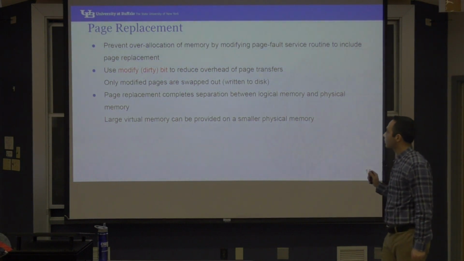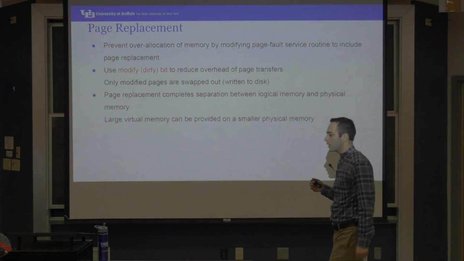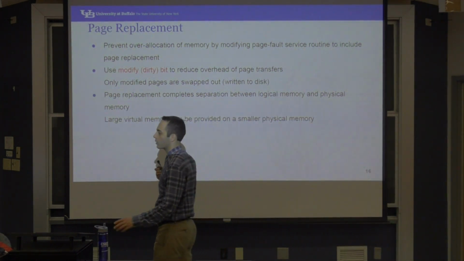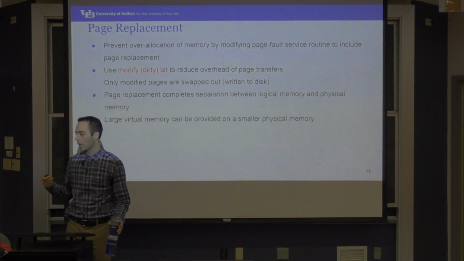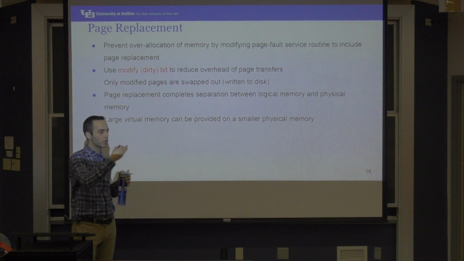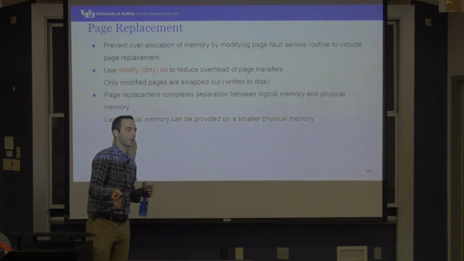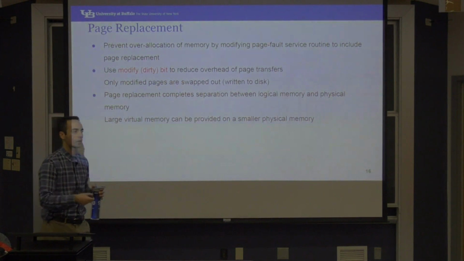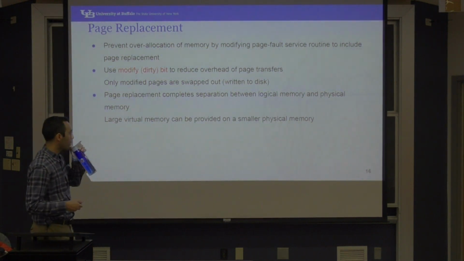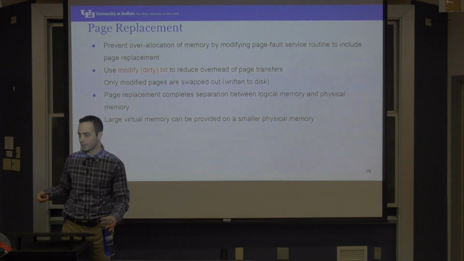And when we implement the replacement completely, the separation between logical memory and physical memory is done, and you can actually have larger virtual memory on limited physical memory, because you can just keep moving things around, and that's the job of the operating system. And this happens in the page fault service routine.